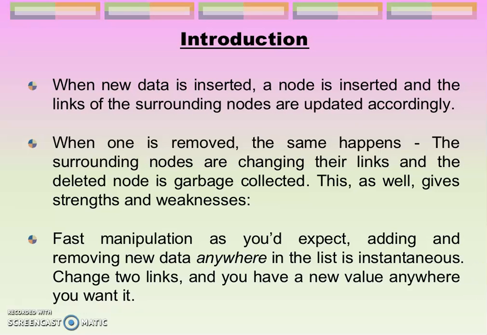When new data is inserted, a node is inserted and the links of the surrounding nodes are updated accordingly. So once we insert a new node in our linked list, as I mentioned just now, the node itself can be located anywhere in the memory, but how can we know that that one is the second node that we just inserted?